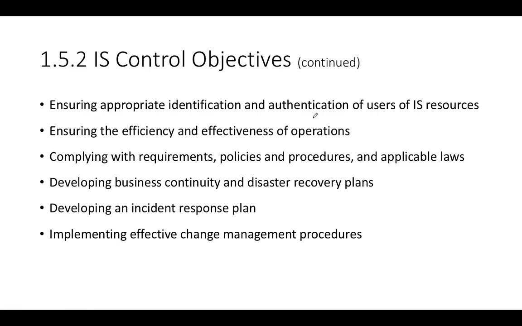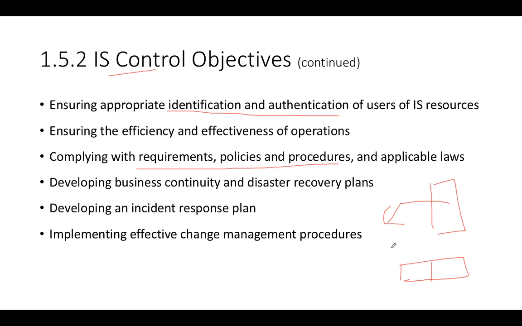Ensuring appropriate identification and authentication. So these are like security foundations. We have to make sure everything is identified, authenticated, authorized, all these things. And complying with requirements and policies. So you can set a control objective to make sure that when you have a guideline or procedure or policy, you follow it up. So controls are needed to follow up any of these high-level things. Right? And also business continuity and disaster recovery.